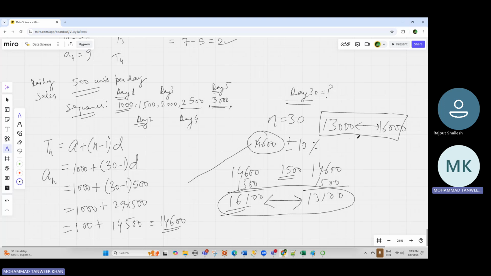Okay, now the stakeholders can understand that if you're starting from day one and the sales is 1,000 units per day, and maybe it is increasing in this fashion, not strictly in this fashion, I'm telling, maybe even if some fluctuations are there, roughly on the 30th day the sales will be between 13,000 to 16,000, considering 10 percentage variance.